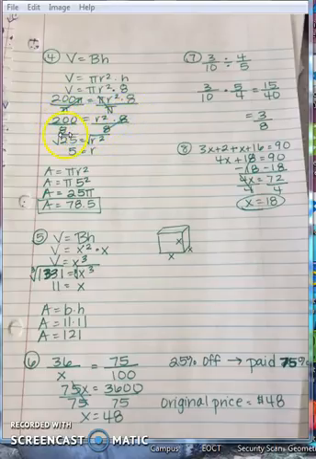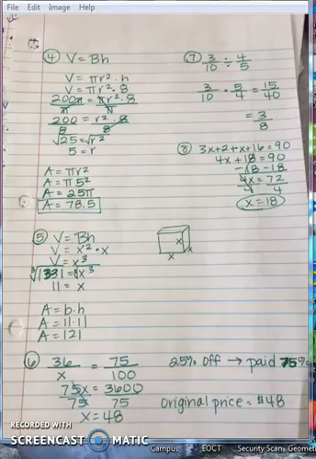Then divide both sides by 8, which leaves me with 25 equals r squared. And then take the square root of both sides, 5 equals r. Okay, then I need to find my area because it's asking for the area. So I'm going to substitute my r in, and area equals pi r squared, area equals 25 pi, area equals 78 pi.